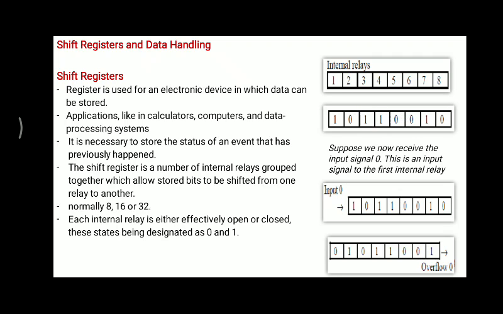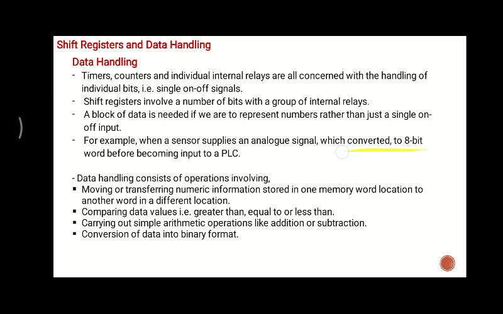And the final bit will overflow out of the shift register. So like this you can change the status of this internal relay for these 8 locations. That is the function of the shift register. We have to shift the data into the addresses.